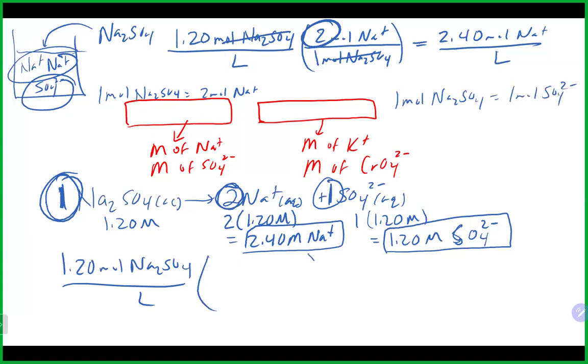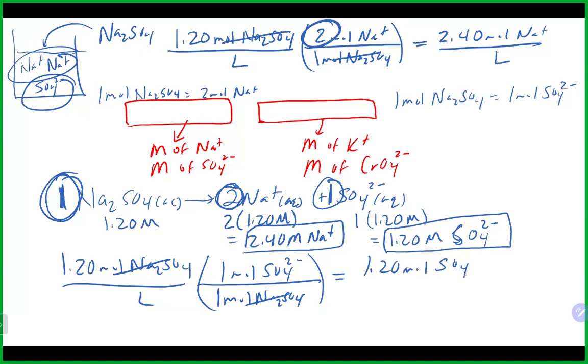That's the same stoichiometry we're going to do here. 1 mole of the whole thing gives us 1 mole of the sulfate. Again, moles of the whole thing cancel, leaving you with 1.2 moles of sulfate per liter, and that is the same as that answer there. So that's really the longer calculation.